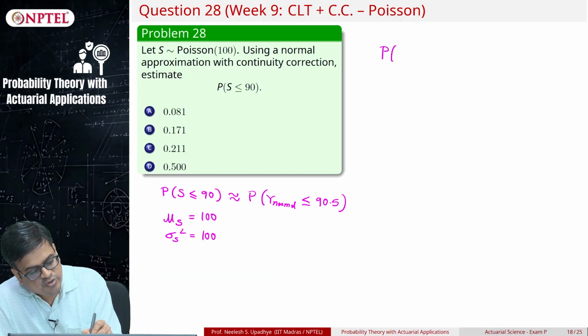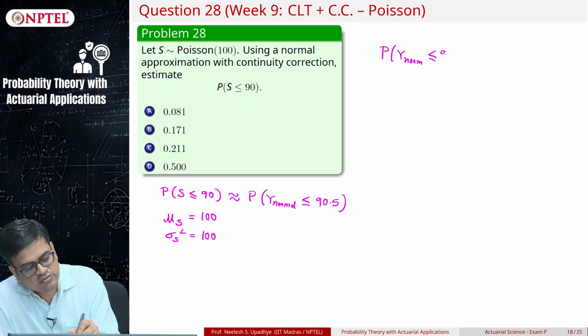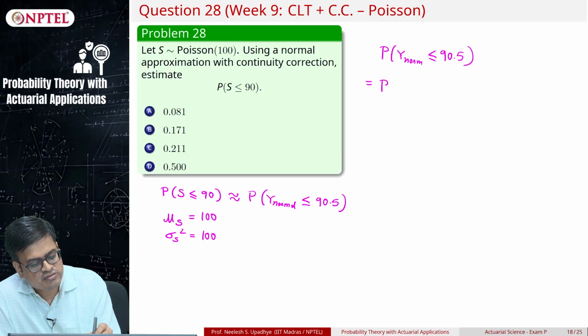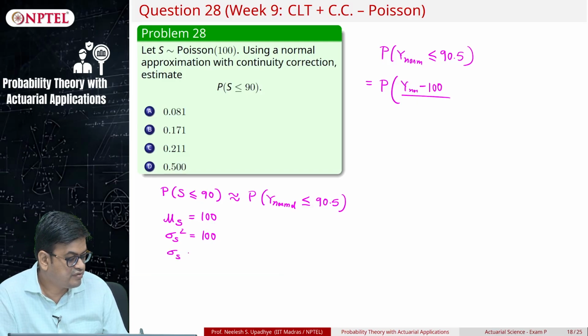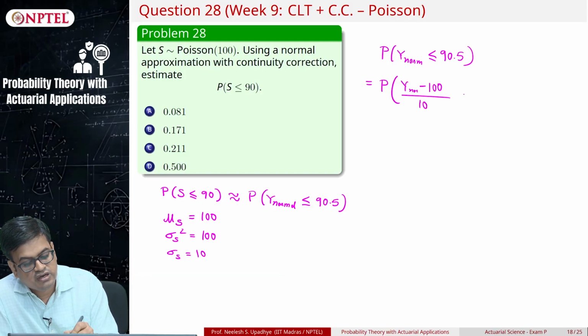So, you start with probability of Y normal less than or equal to 90.5, and this is essentially equal to probability of Y normal minus the mean 100, and the variance is 100, so the standard deviation becomes square root, which is 10, less than or equal to (90.5 minus 100) upon 10.